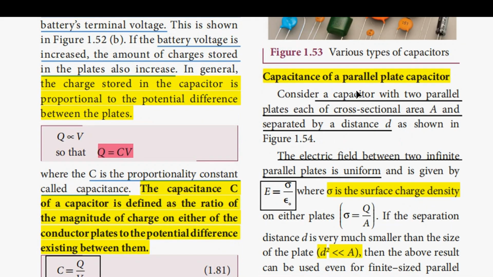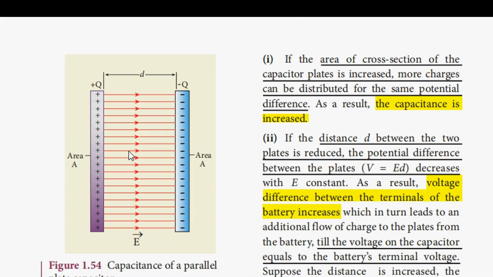Now let us see what is the capacitance of a parallel plate capacitor. For this, let us consider a capacitor with two parallel plates, each of cross-sectional area A and separated by a distance d as shown here.